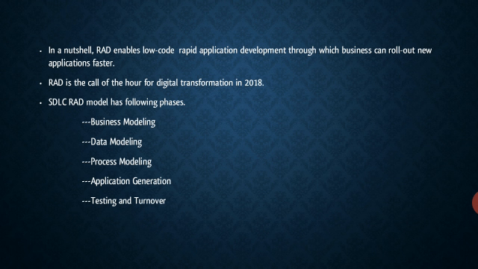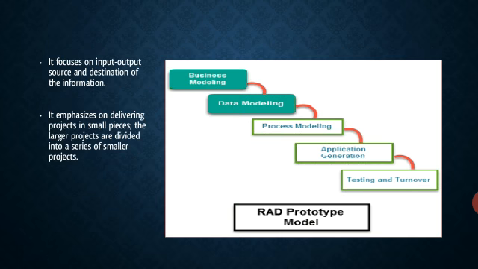SDLC, which means System Development Lifecycle, RAD model has the following phases. First one is business modeling, then data modeling, after that process modeling, then application generation, and at last testing and turnover. These phases are depicted in this chart, which is collectively called the RAD prototype model.